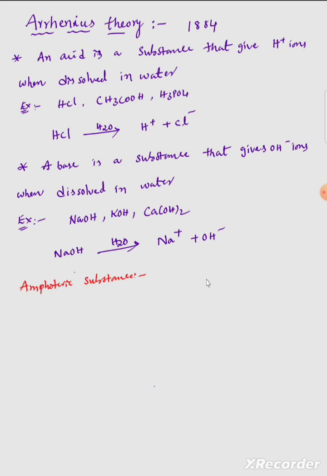Amphoteric substances furnish both H plus and OH minus ions in the aqueous medium.